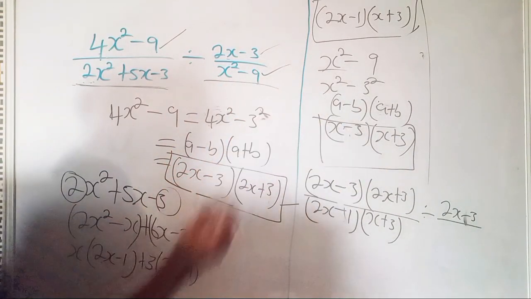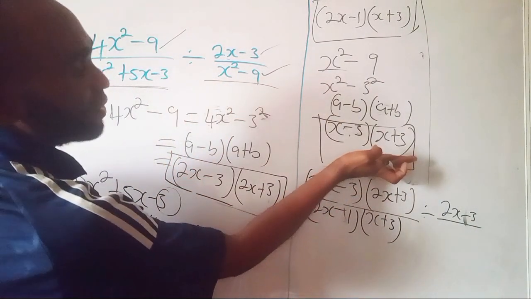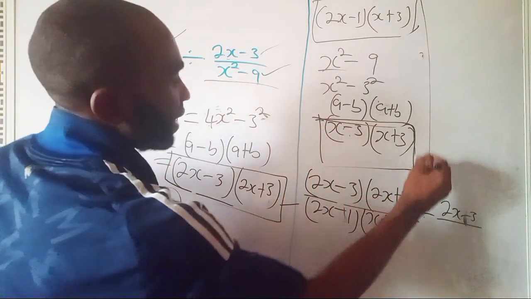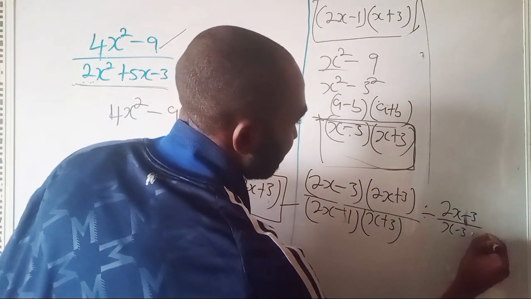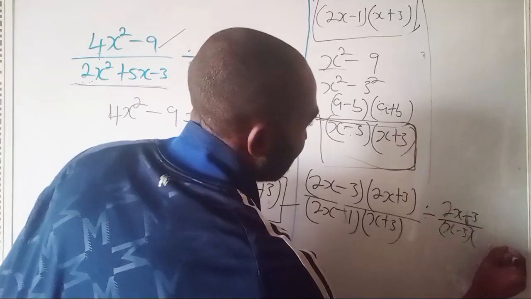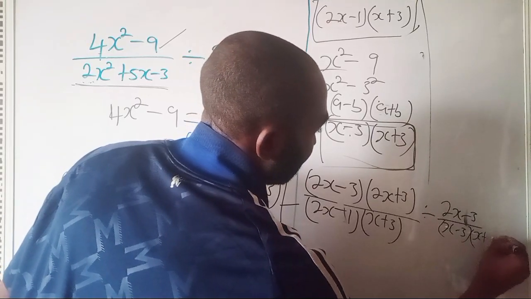But this difference of two squares, we have it here. See what I have circled here. So we now put it as (x minus 3) and (x plus 3).